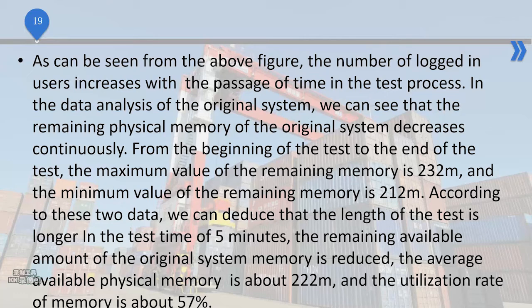The average available physical memory is about 222 M, and the utilization rate of memory is about 57%.